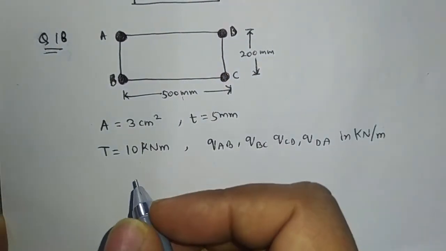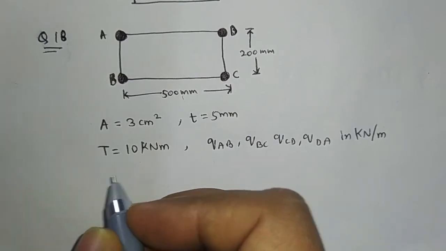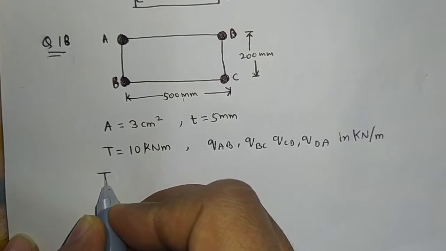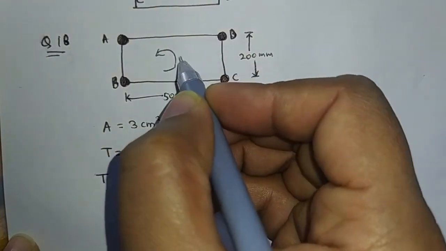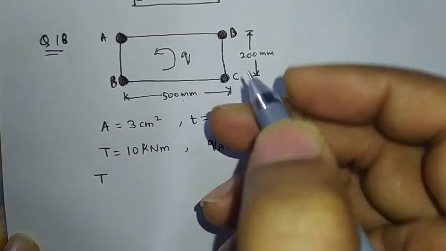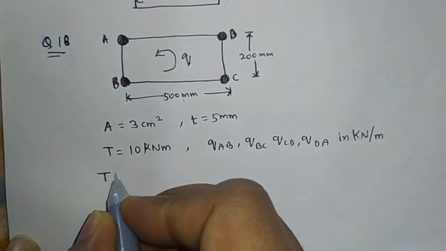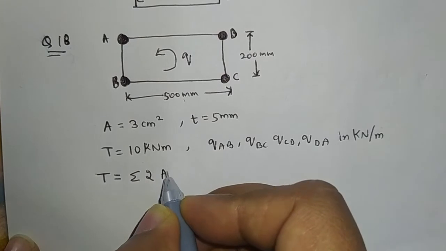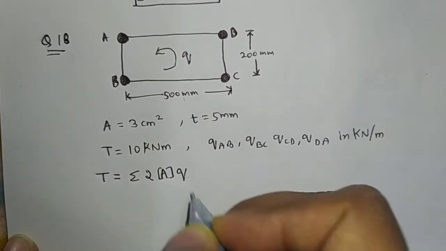So this is the problem of the thin walled closed section which is subjected to a torsion. The shear flow will be the same in all the walls, and the torque is given by 2 times the closed area times the shear flow.